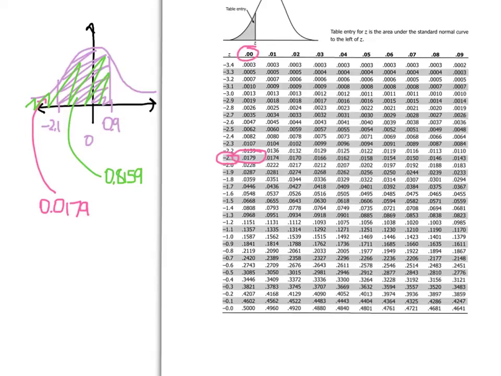So now we know that we want to subtract off this pink area from this green area to get the total purple area. We subtract this number from that number: 0.8159 minus 0.0179 equals 0.7980, or 79.80%. So that is the probability of having a mean between 5 and 6.